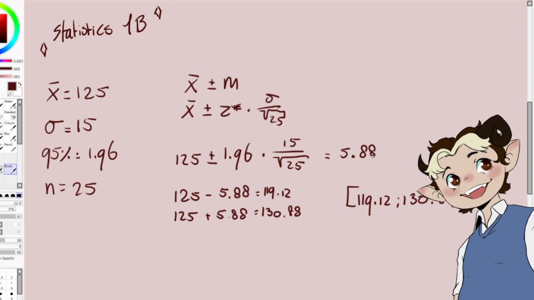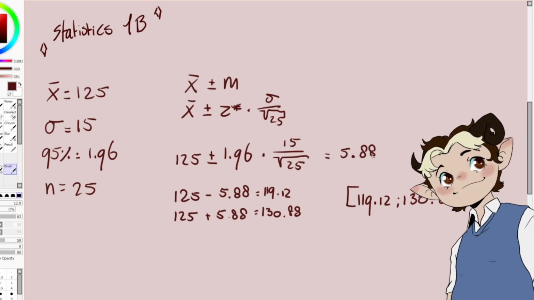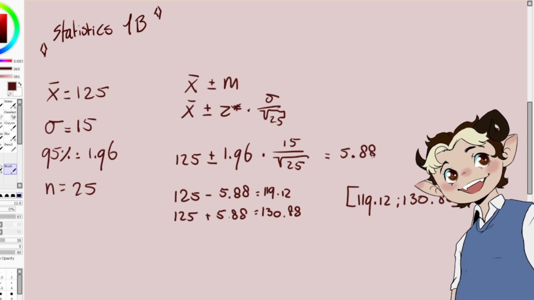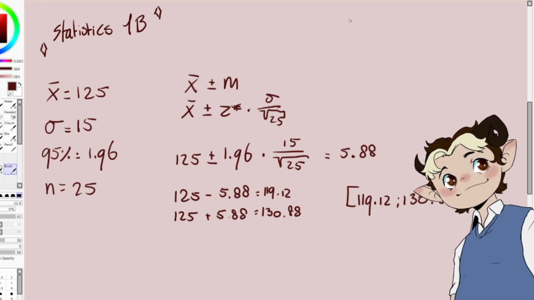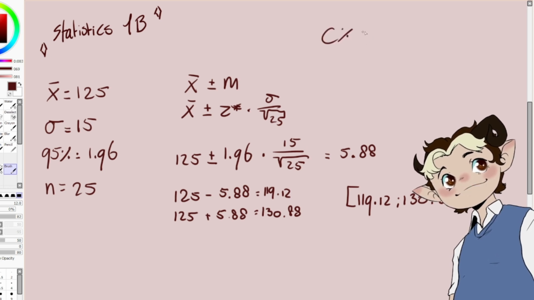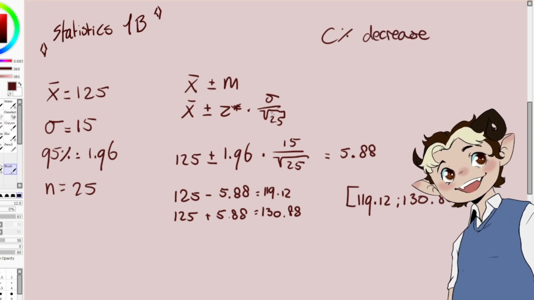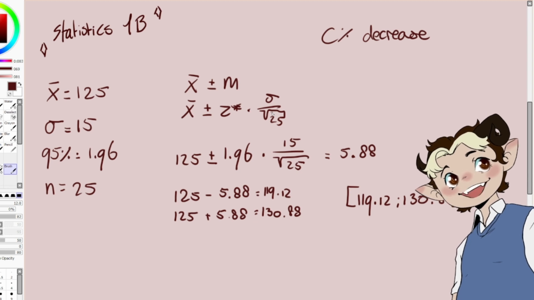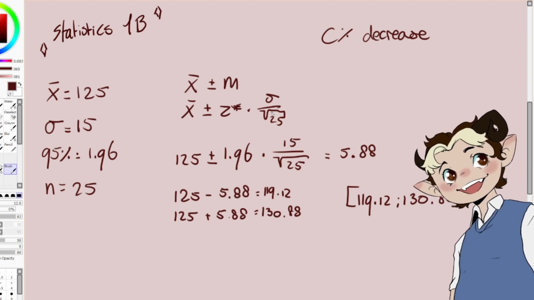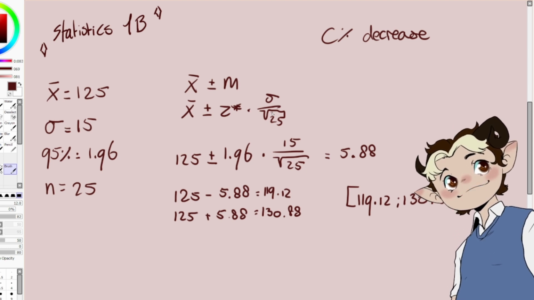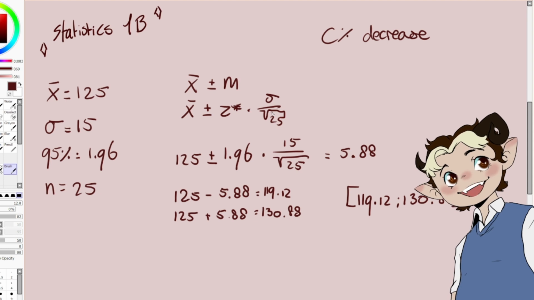So how do we narrow down that margin of error? Well, we can do that in a few ways. We can either decrease our confidence level. So now we can, for example, say with 80% confidence, which would narrow it down, but now we have a 20% chance that it doesn't fall in between these two spots, right?